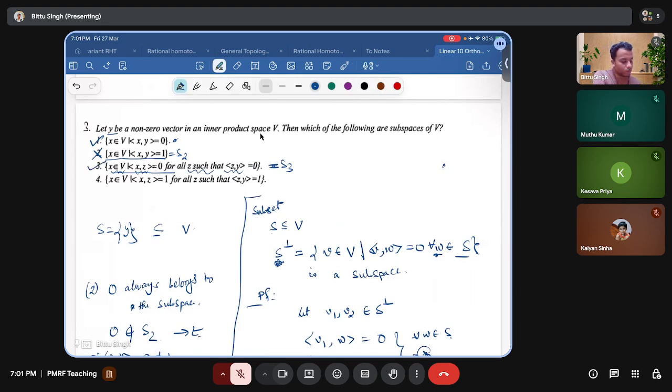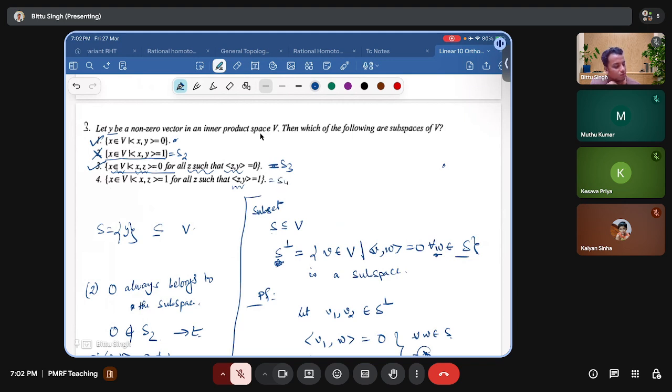Now what about 4? Can you say something about 4? Now we are taking all z such that inner product of z with y. So again you can see that 0 does not belong to this set immediately, right?